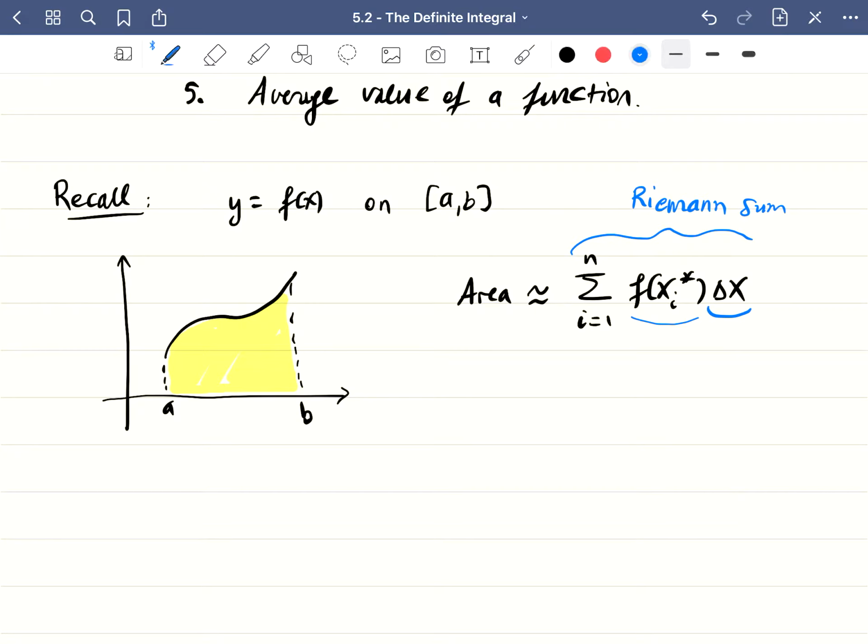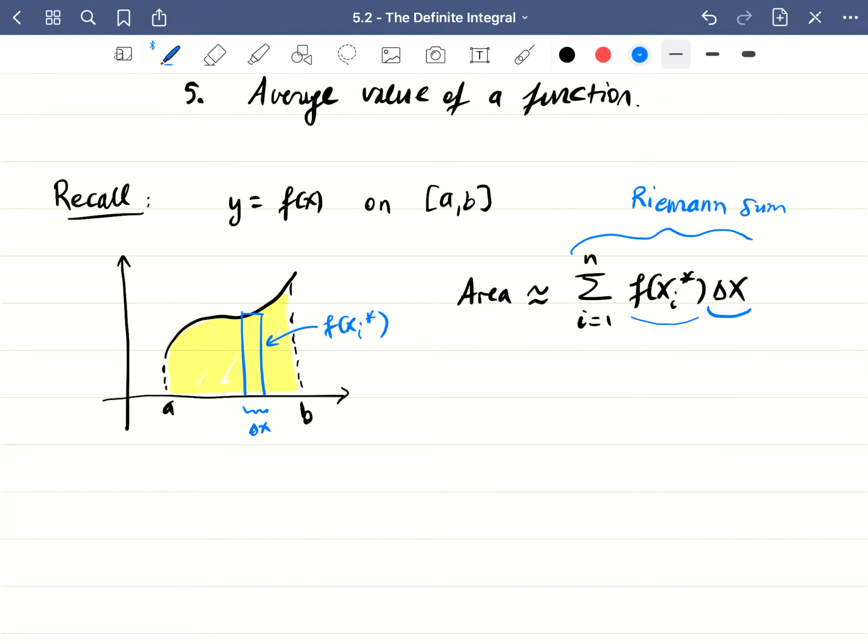So for example, if you have a rectangle like this, and this is delta x, then the height is f of xi star.